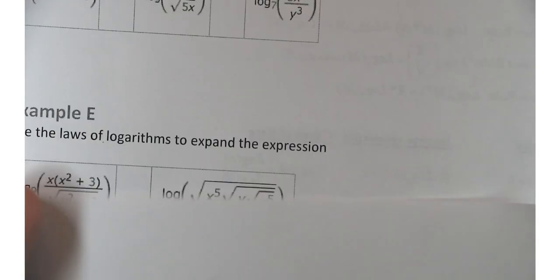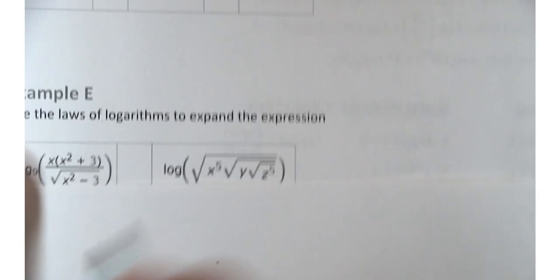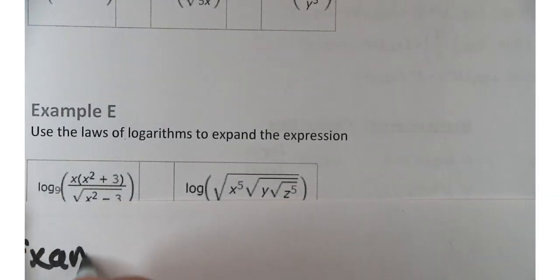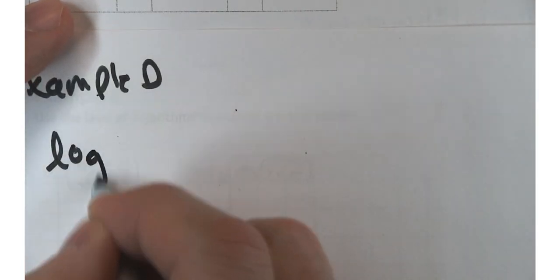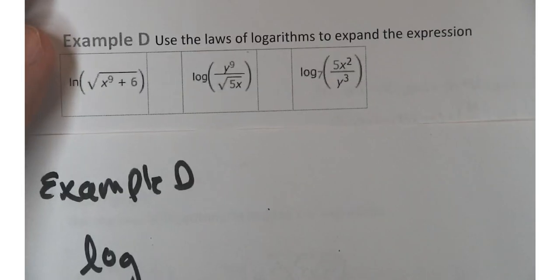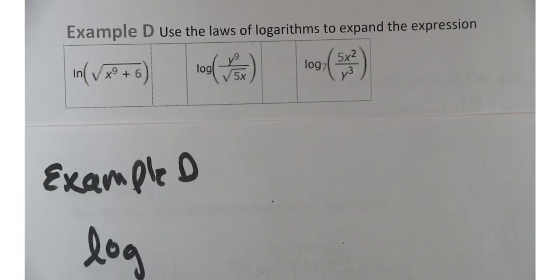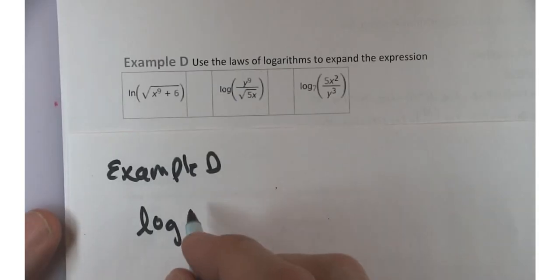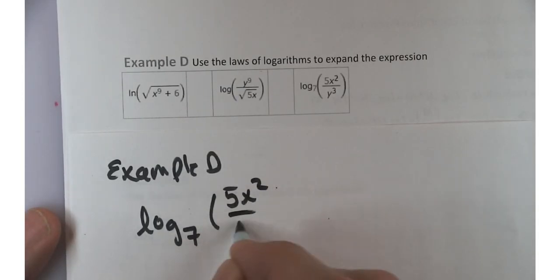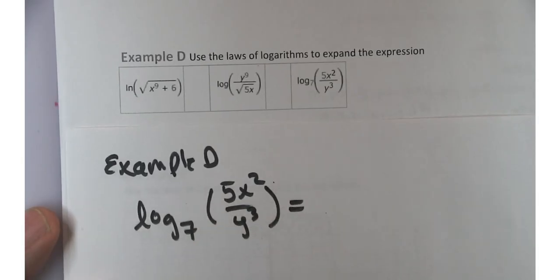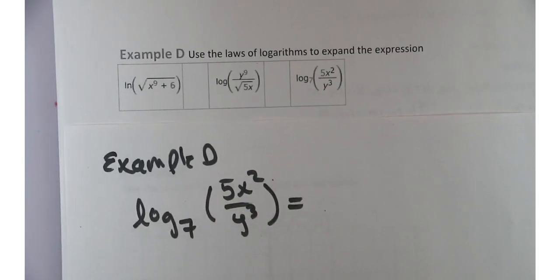So we'll start out with log base 7 of 5x squared over y cubed. Now we're going to use our product rule, our quotient rule, and our power rule as much as we can to try and simplify these things.